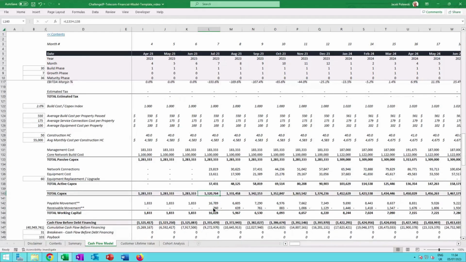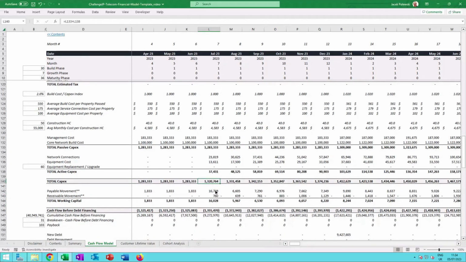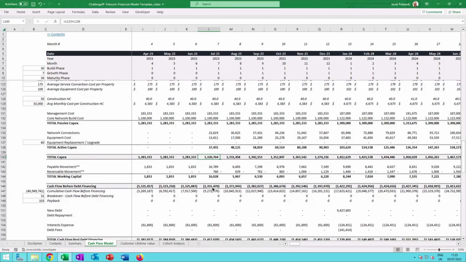Then finally, I'm making adjustments for working capital, which is just the adjustment for your payable movement and receivable movement, and this allows me to calculate my cash flow for a given month. This is the cash flow before debt financing, and that here allows me to accumulate this cash flow.